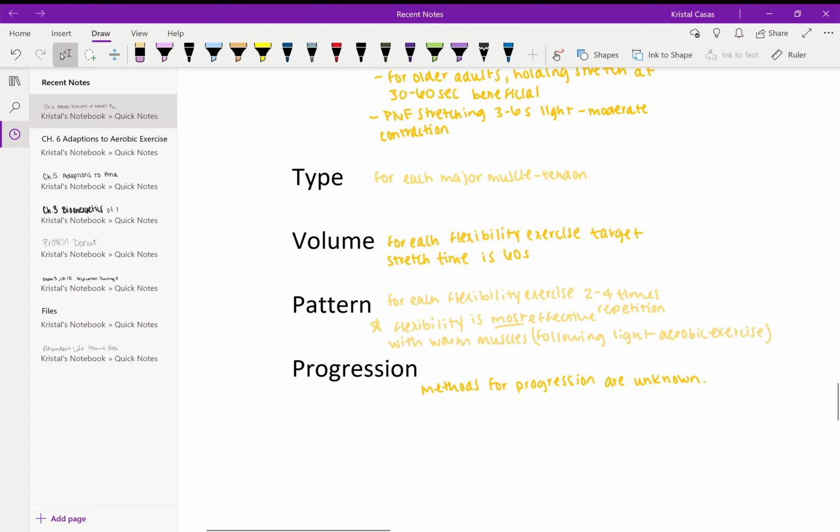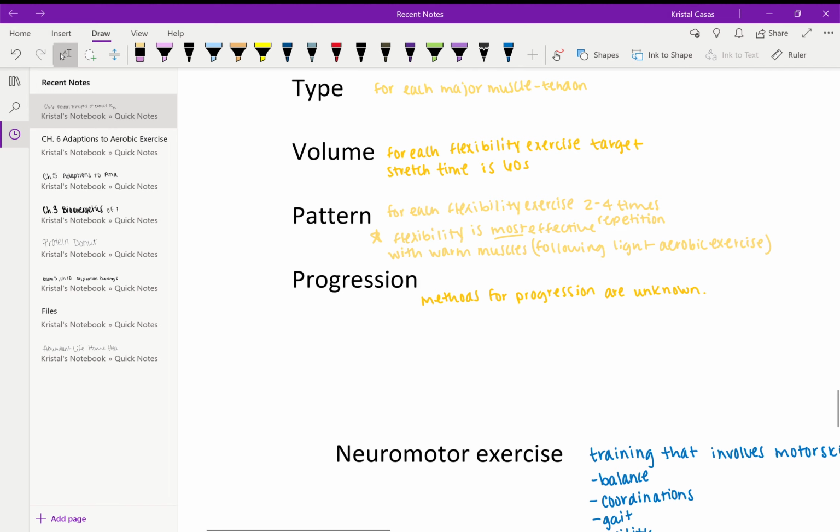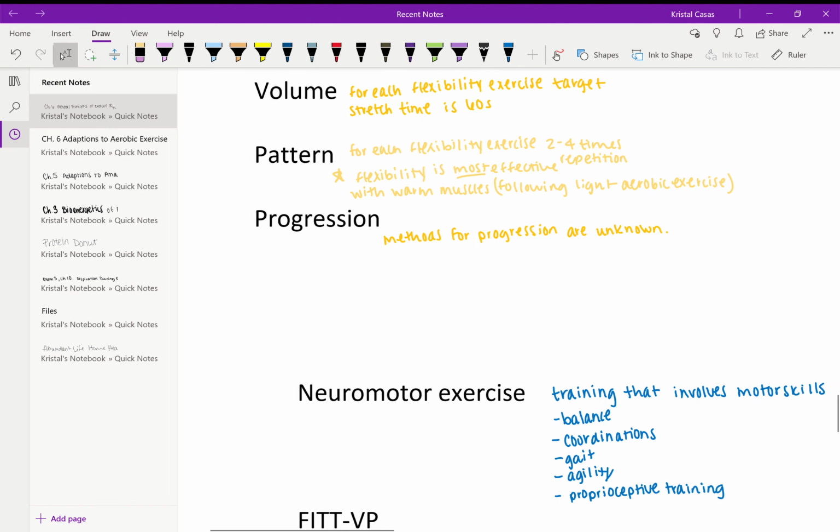For each major muscle group tendon, you do want to stretch. For each flexibility exercise, target time is 60 seconds. The pattern would be 2 to 4 repetitions, and flexibility is most effective with warm muscles following light aerobic exercise. As I mentioned previously, it's very good to do after a warm-up or after a cool-down. Methods for progression are unknown for stretching.